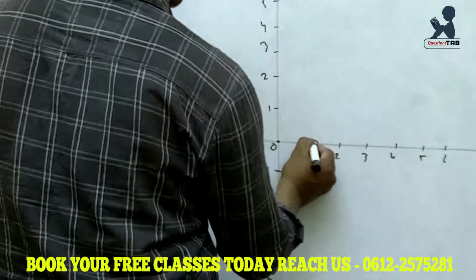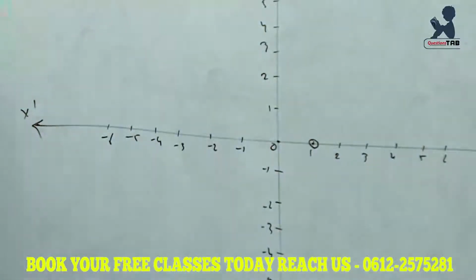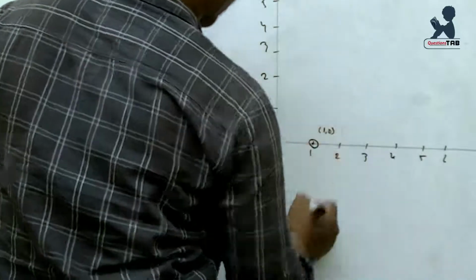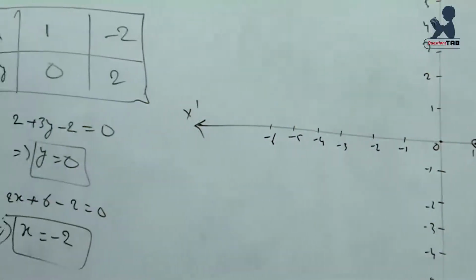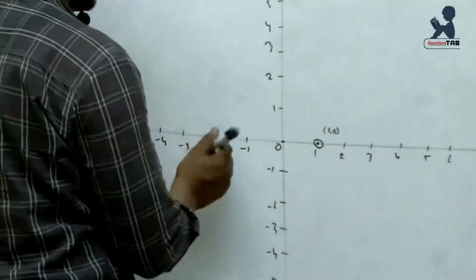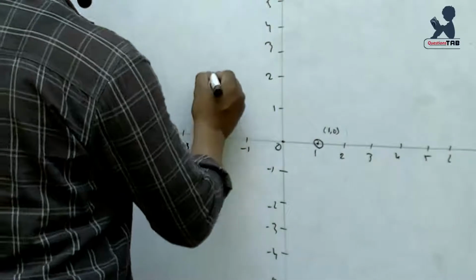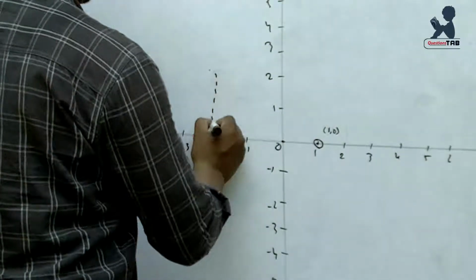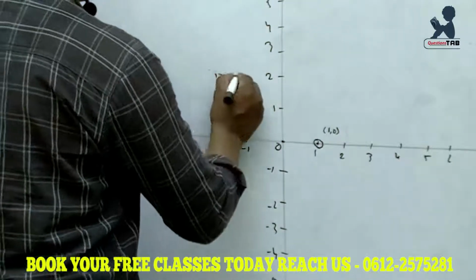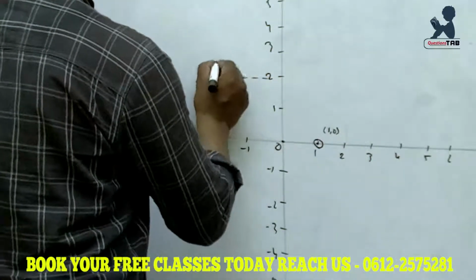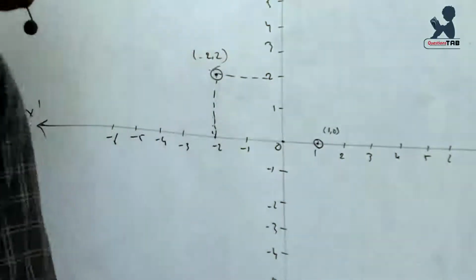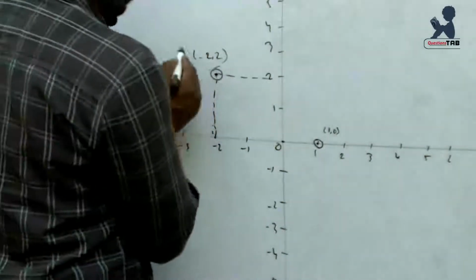So it's our first point. And again for x equals minus 2, which comes on this side, y is 2. Okay, so let's join these two points.